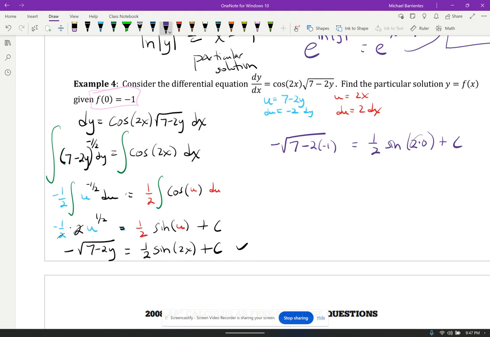Well, 2 times 0 is 0, and sine of 0 is gone. So c is going to be whatever this is. Well, c, according to this, is going to be the negative square root of 9, which is just negative 3. Awesome! I figured this out. This is just negative 3, or minus 3.